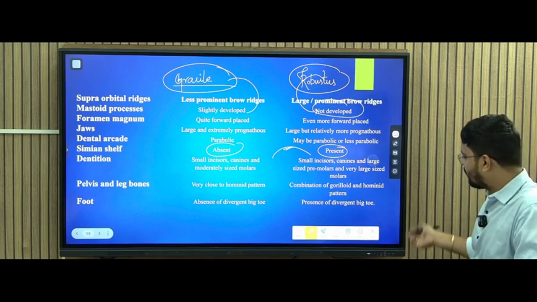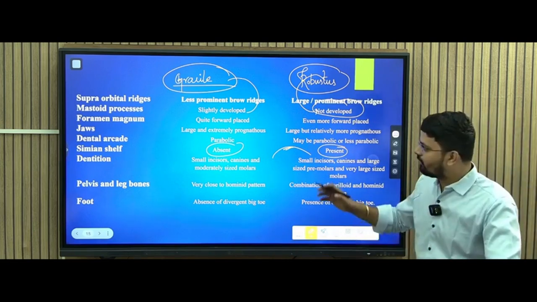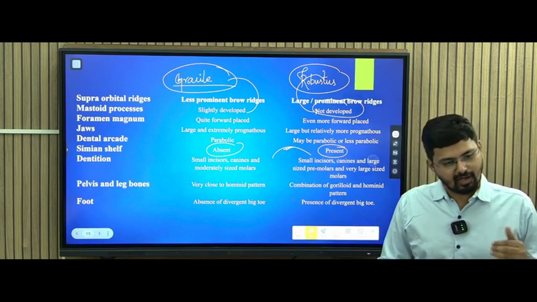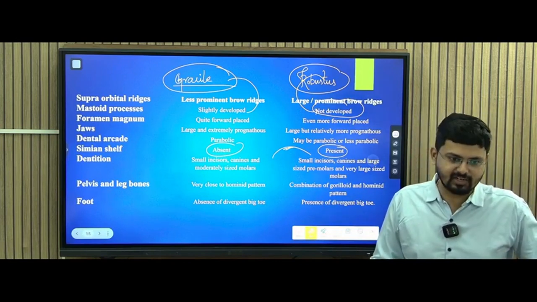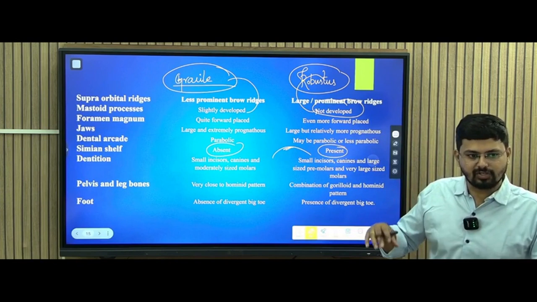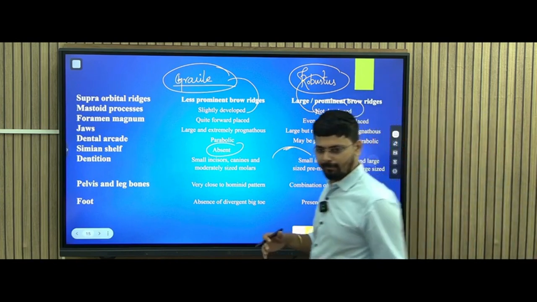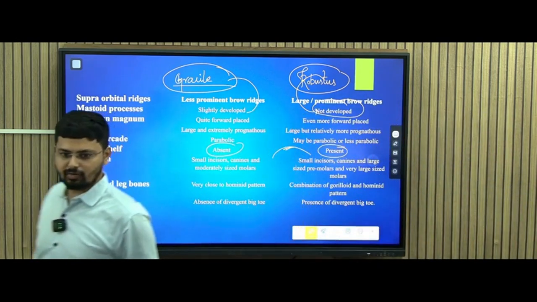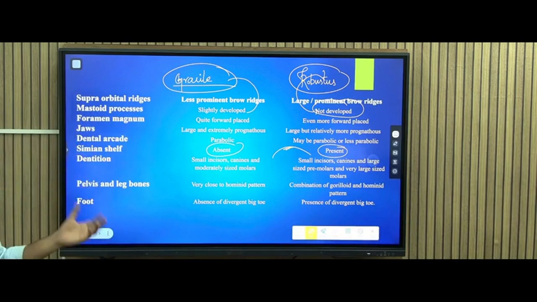So when they are asking for a 20 marker, you should talk more about the cultural features, phylogenetic status, some of the physical features, distribution. These are the things you have to focus on because every part will carry only 5 marks. If you are writing more physical features and less of cultural and phylogenetic status, then also your score will drop. So you should give importance to all of them.